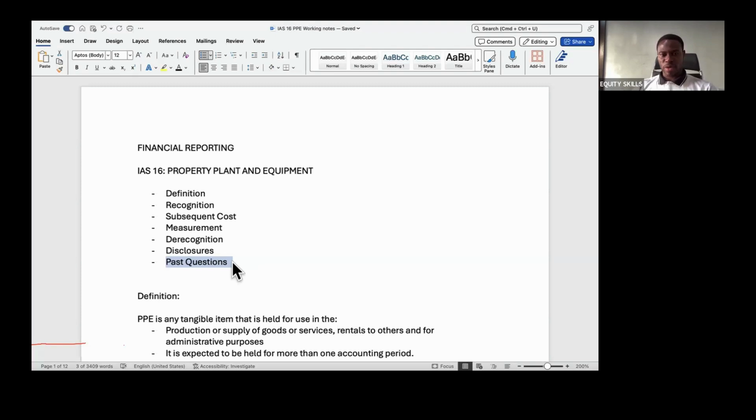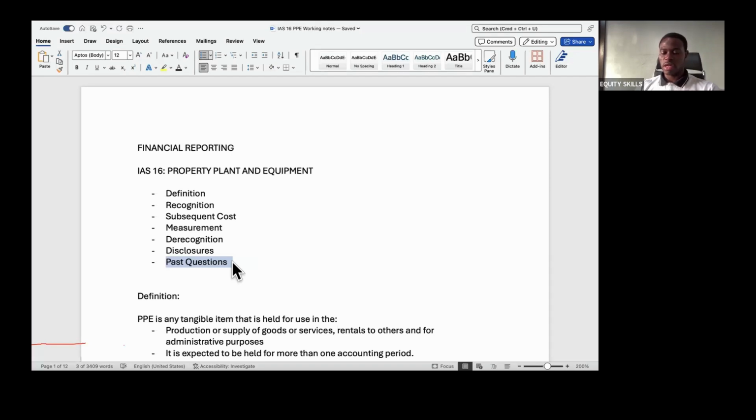When you have recognized your PPE, you need to measure it. They are initially measured at cost. And cost comprises the purchase price plus import duties, plus non-refundable purchase taxes, less trade discounts and rebates. Then you have any directly attributable costs.